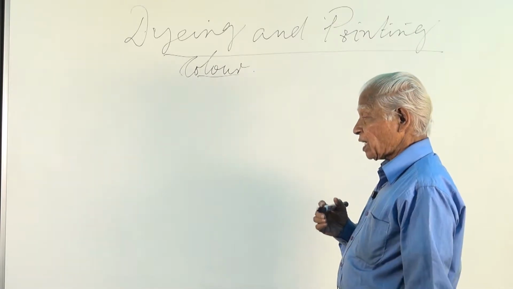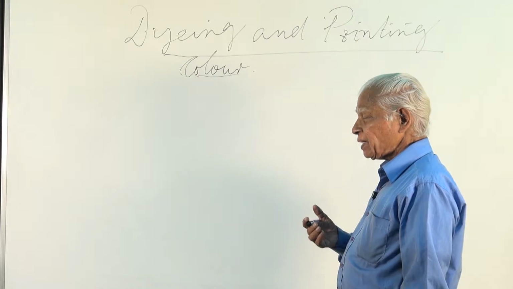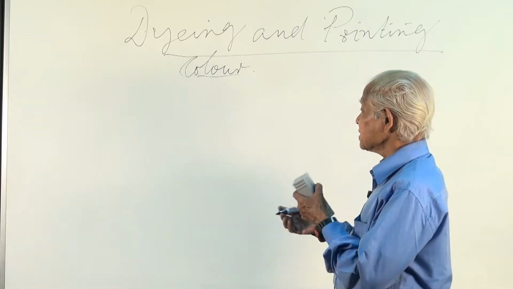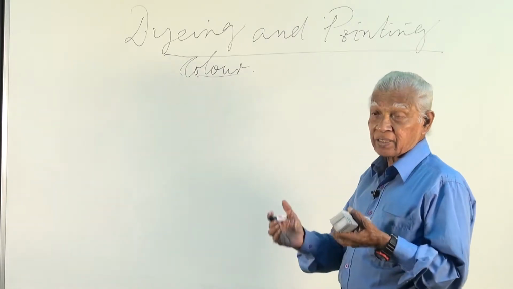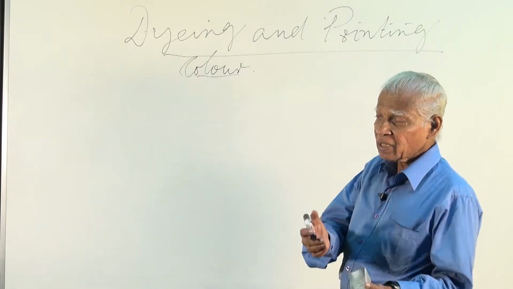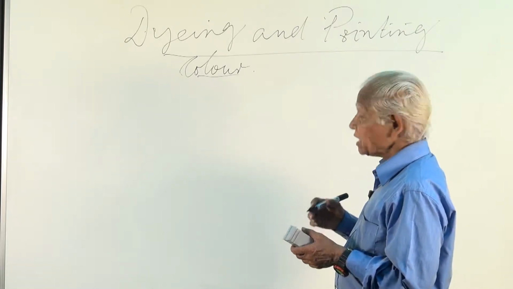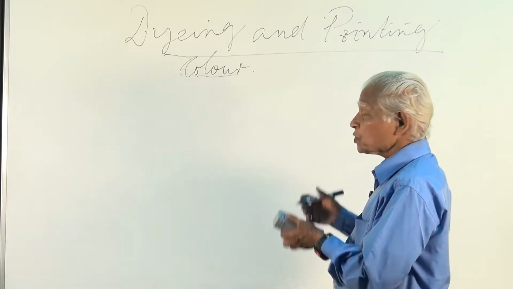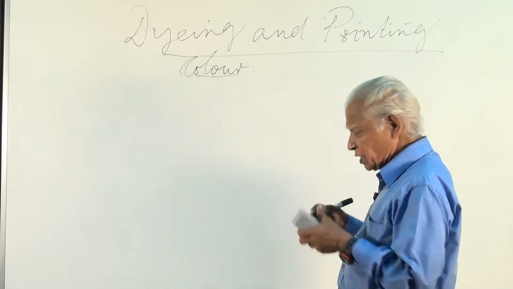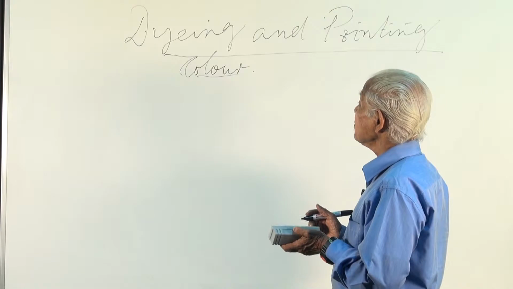So color is something which we find in nature, and we have got attraction towards certain colors. We have a liking for a certain color. Somebody likes blue, somebody likes red, somebody likes bluish green or green, and that is necessary because so many colors should exist to be used in the garment or in yarns and other things.